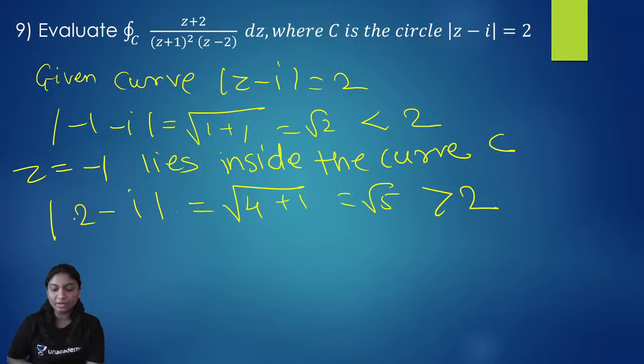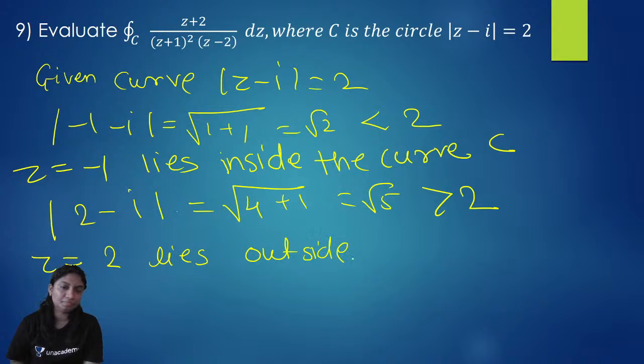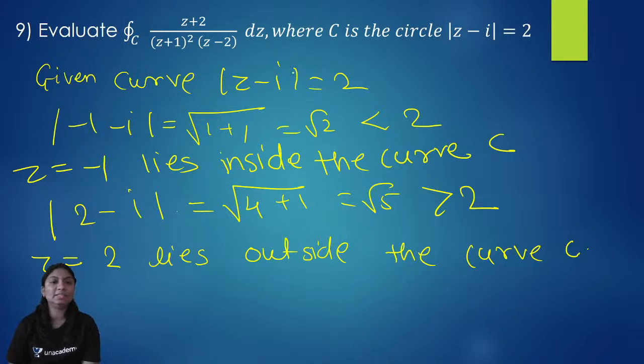So z is equal to 2 lies outside the curve C. So we will find out the residue at z is equal to minus 1 only. But z is equal to minus 1 is a pole of order 2.